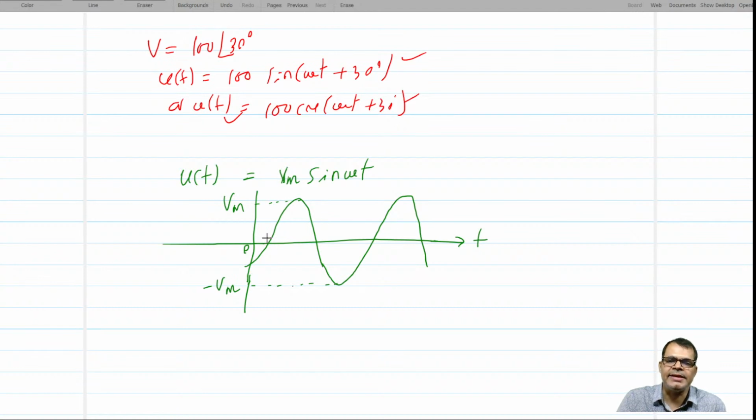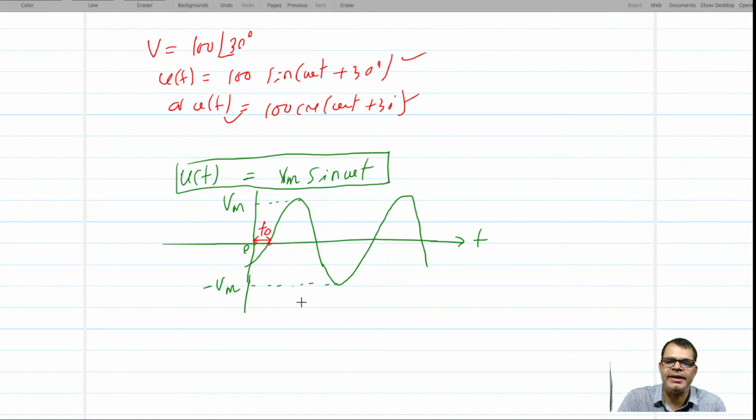You see that the reference you have to take from t equal to 0 for this V(t). Let's say there is a time lag, t0.